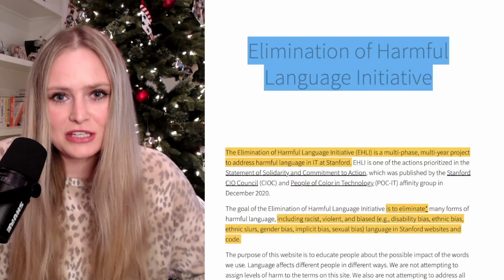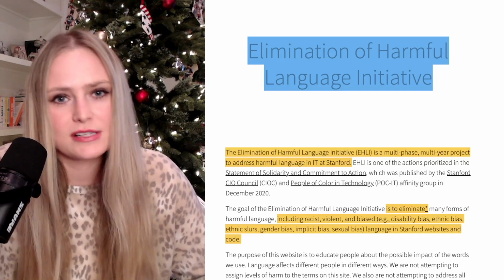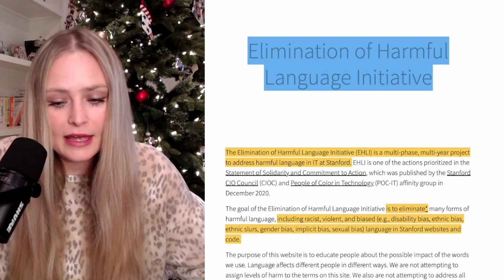So I'm not sure why they don't want you to know what's in it, but I have the document and I looked over it and I highlighted a few things that I wanted to go over with you guys. The document is 13 pages and, like I said, includes a whole list of words and reasonings of why not to use them and what a better alternative is.